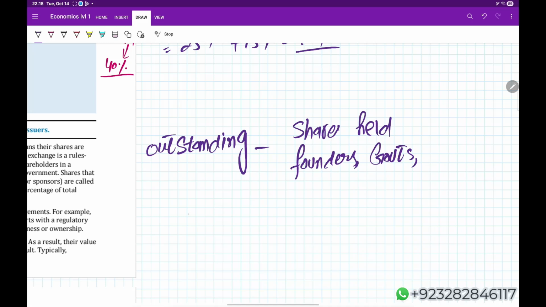So we remove these shares from the outstanding shares. That is called free float.